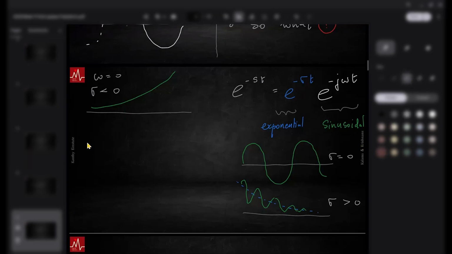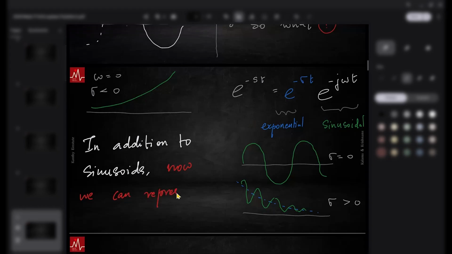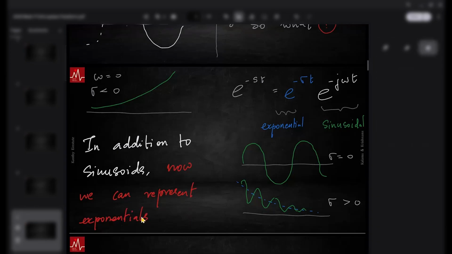Bottom line: now in addition to sinusoids, with Laplace transform we can represent exponentials, exponential sinusoids, and complex exponentials.